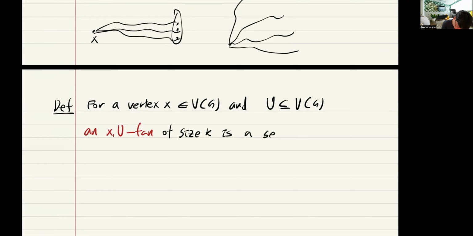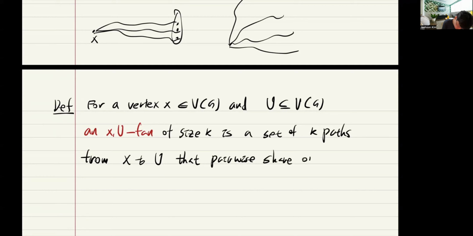It is a set of k paths from X to U that pairwise share only X, and hit U only at their endpoints.